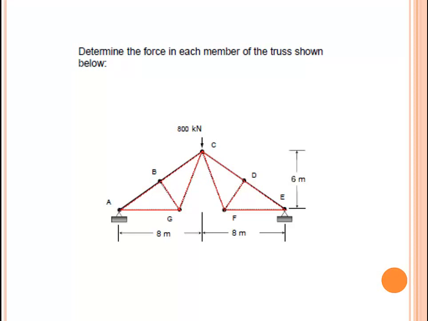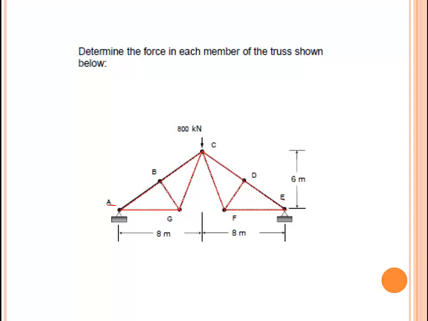Now we need to see if there are any joints with only two members, which may be A and E, but without external load or support. So A and E have to be ruled out because there are external reactions at A and E.